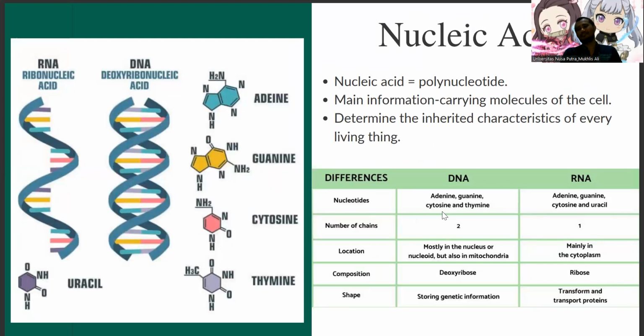And the last one of our biomolecules is nucleic acid. Nucleic acid is actually a polynucleotide. We know that nucleotides are components in the nucleus. So when nucleotides interact and make a chain, they will transform into nucleic acid.